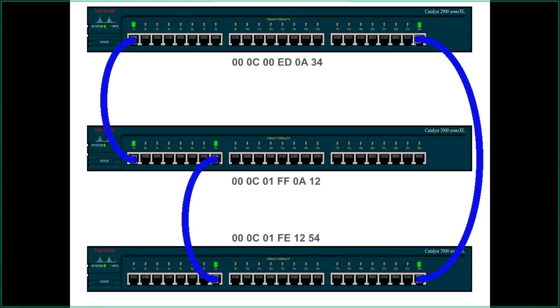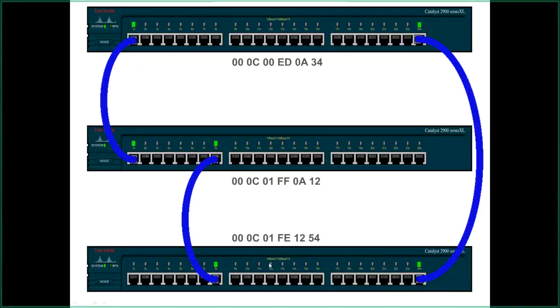So on the middle switch, what becomes the root port? This becomes the root port, because it's the lowest cost to the root bridge.